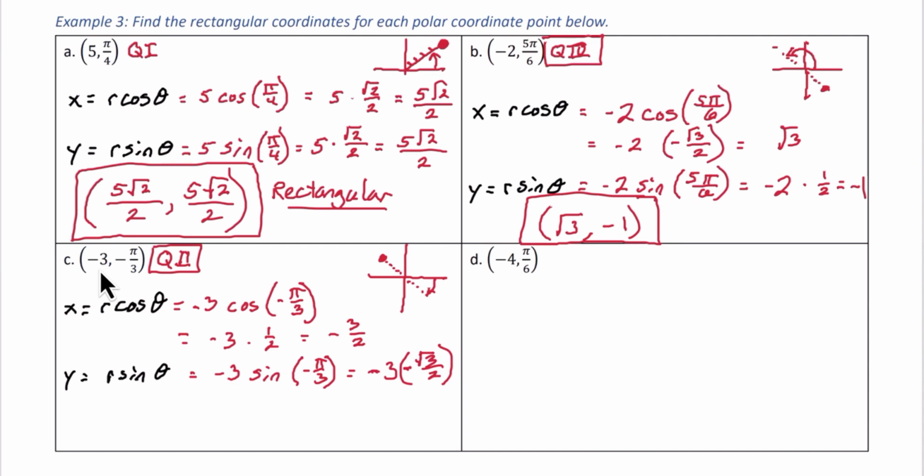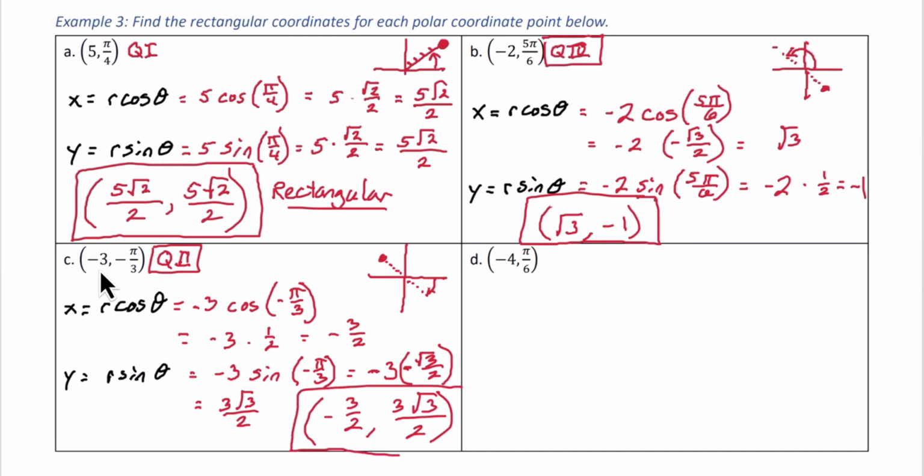So that's negative 3 times negative root 3 over 2, meaning we have positive 3 square root of 3 over 2. The rectangular coordinate would then be x is negative 3/2, y is 3 root 3 divided by 2.